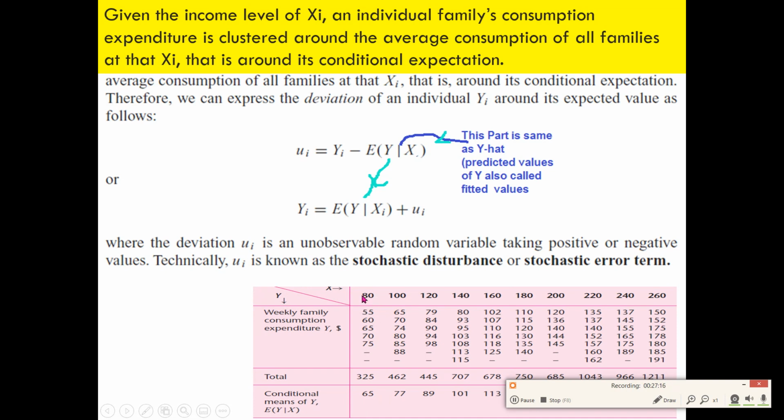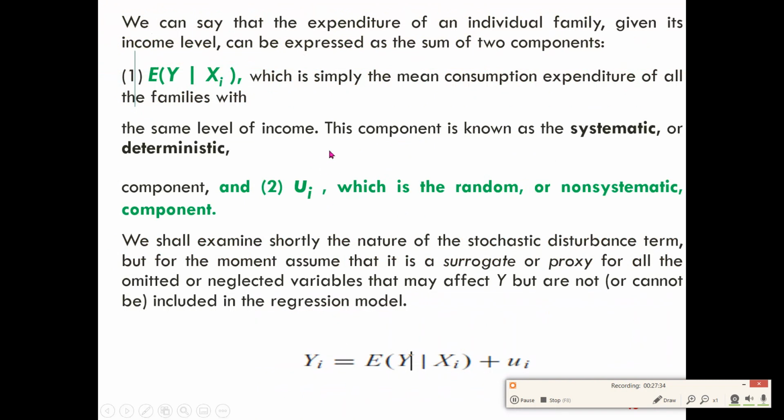So what does that mean? Just try to think out loud, try to interpret it. It means that if you are earning 80, on average your predicted consumption will be 65.